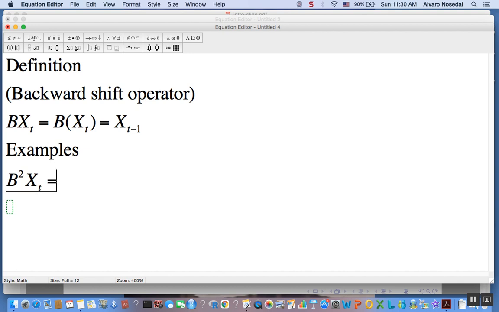What we mean by that, let me do it step by step, is we're applying the backward shift operator twice. First, we apply it to the original time series xt.